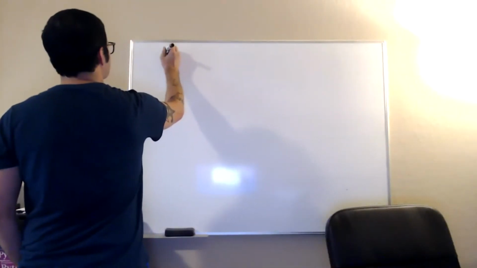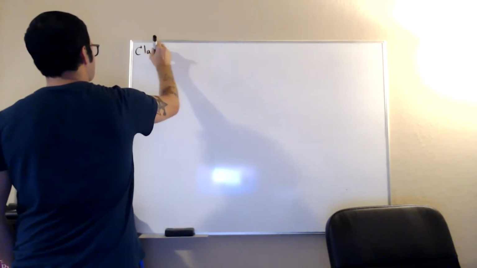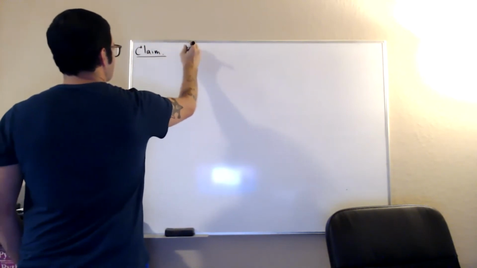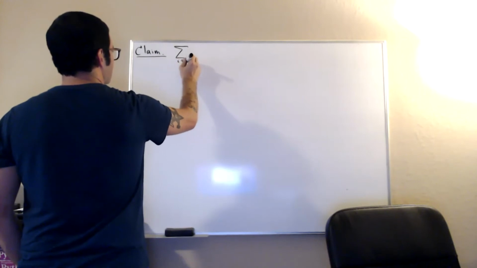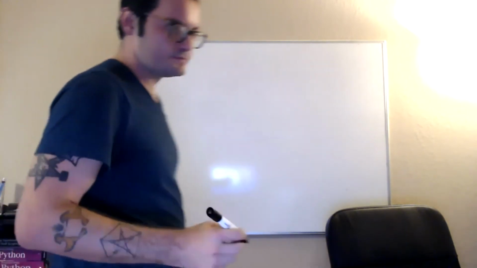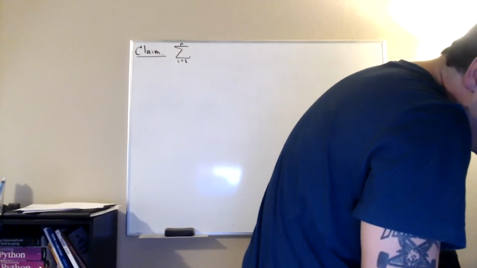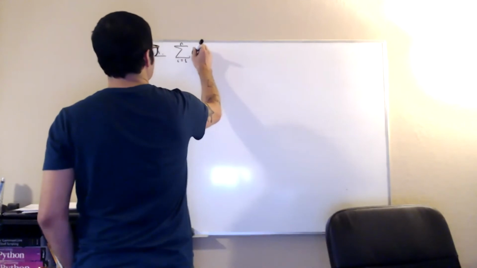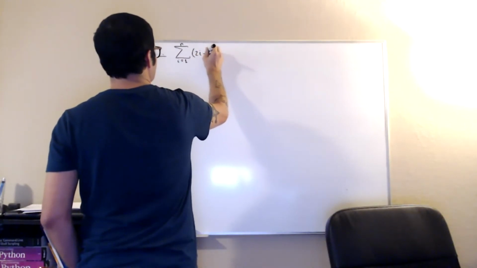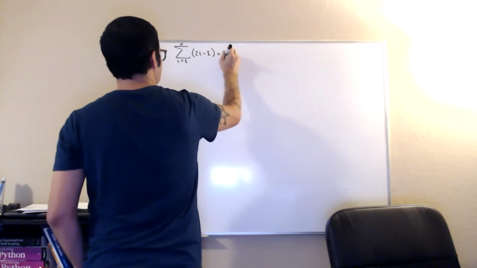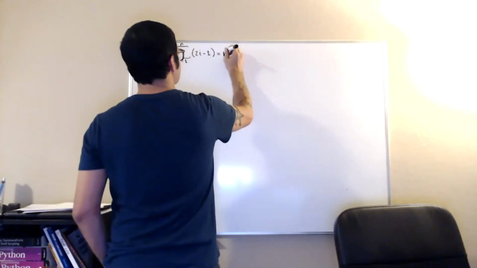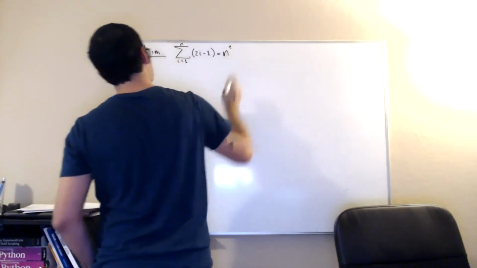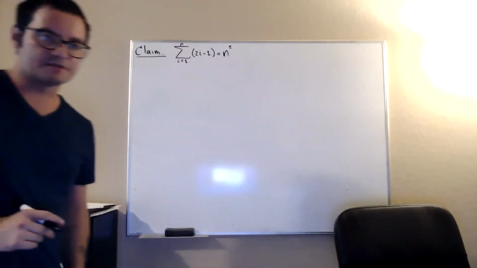So, claim: the sum of i equals 1 to n of 2i minus 1 is equal to n squared. So the claim is that this formula always holds.